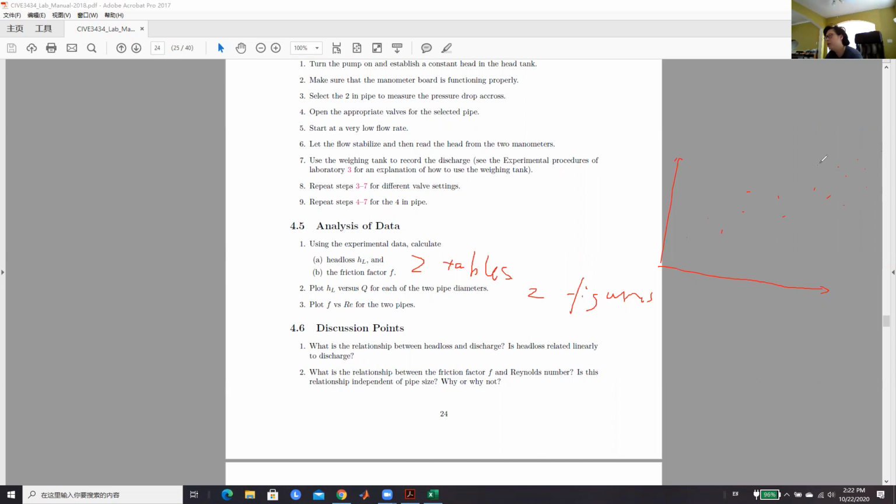It could be linear proportional, or cubic, or second order proportional. So you just draw the scatter plot. This is your head loss, and this is your Q, and write the trend line.